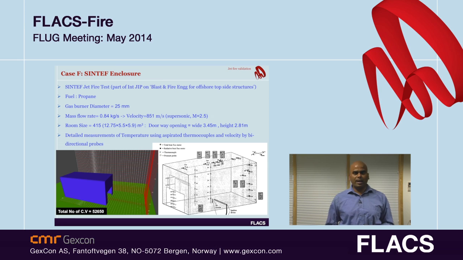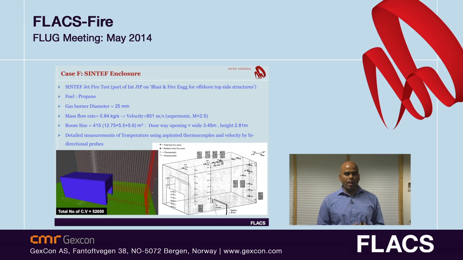My next case is the underventilated compartment fire case, where I have considered the SINTEF propane jet, where the fuel used is propane, and the gas burner diameter is 25 millimeter. The flow rate and the room size and the details of measurements are given here in the picture.